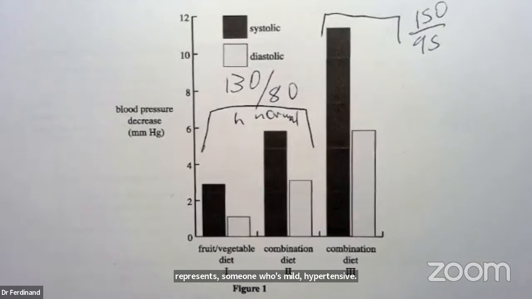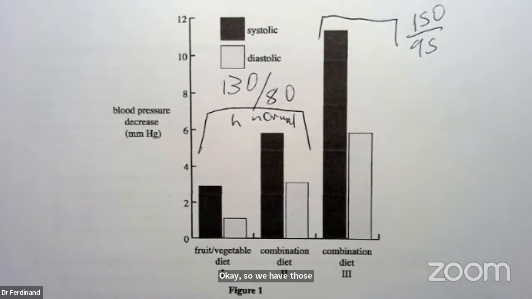We keep those labels in mind, and then we have to identify what's going on here. We have a trend of blood pressure decrease. That's the trend we are looking at.